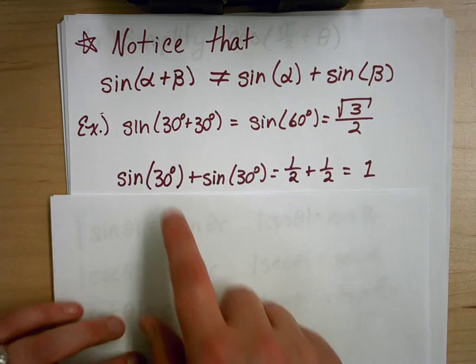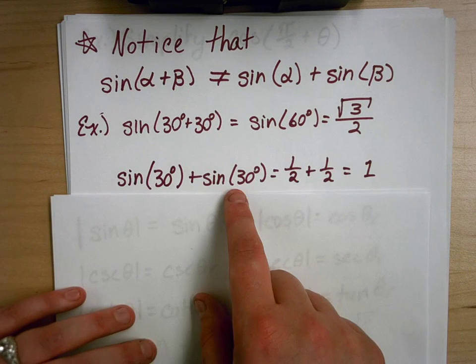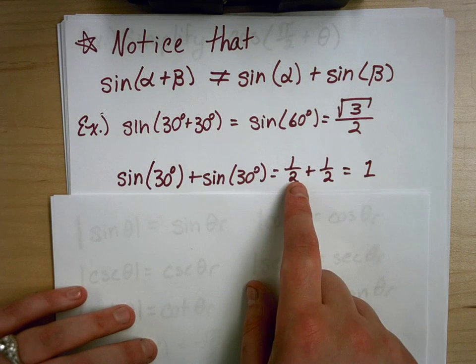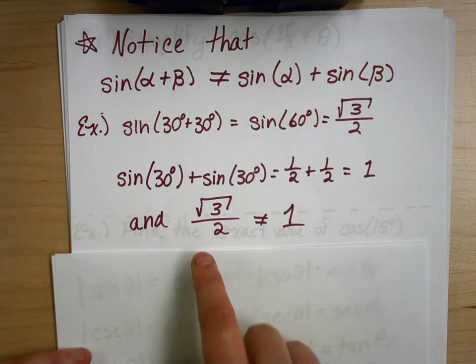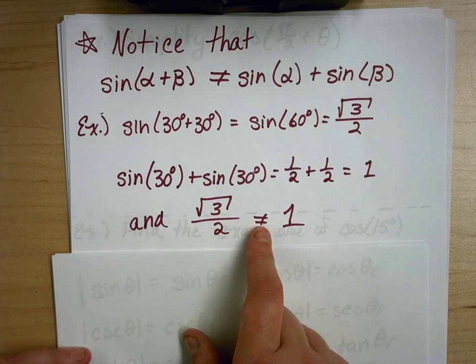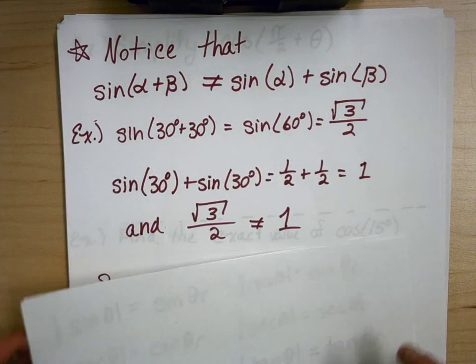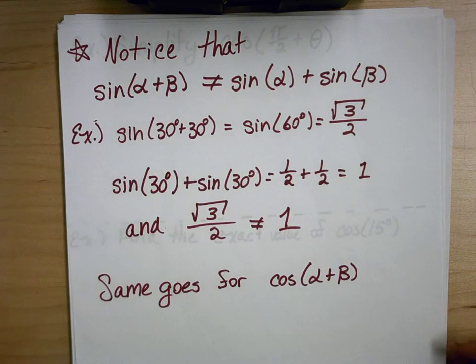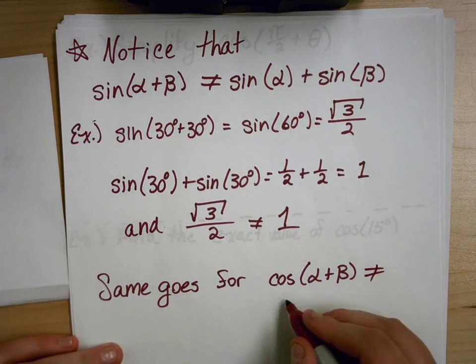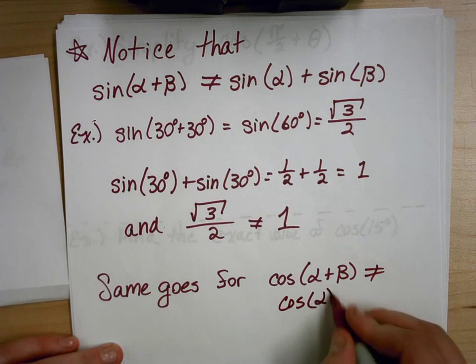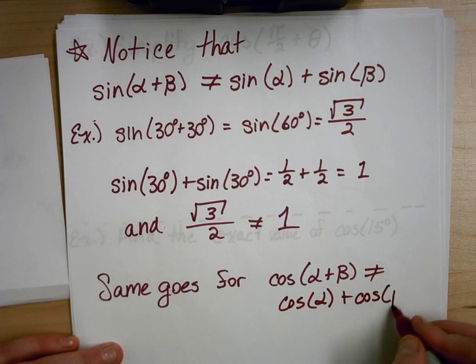Whereas if we take sine of 30 plus sine of 30, sine of 30 is 1/2, and 1/2 plus 1/2 is 1, and root 3 over 2 does not equal 1, which is a big bummer. The same goes for cosine of alpha plus beta. That does not equal cosine of alpha plus cosine of beta.